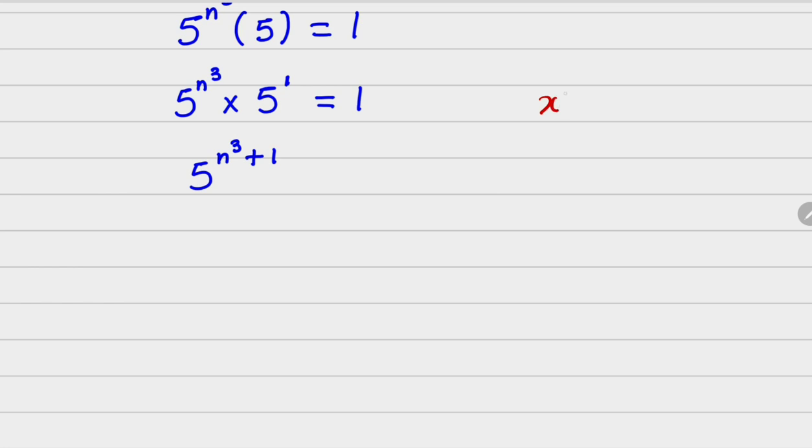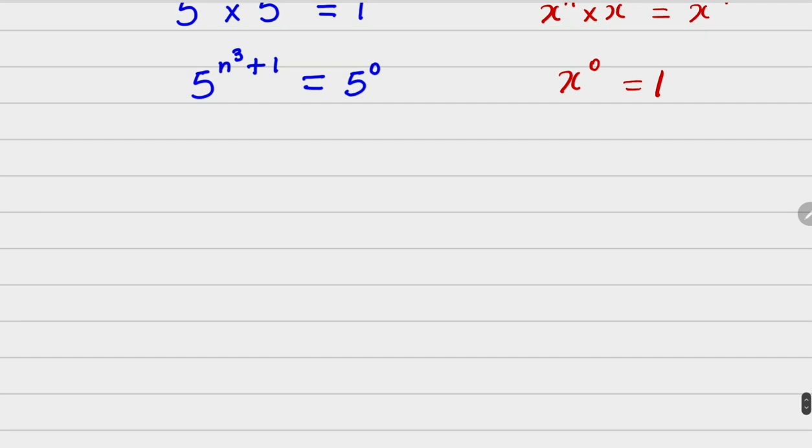If you have x raised to power n times x raised to power m, it is actually the same thing as x raised to power n plus m, from the product law for indices, okay, so that is what it is. Then, do you know that I can raise 5 to power 0 to give 1, because anything raised to power 0, if you have x raised to power 0, is 1, so that explains what I've done.